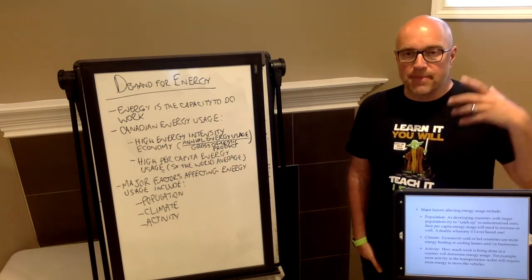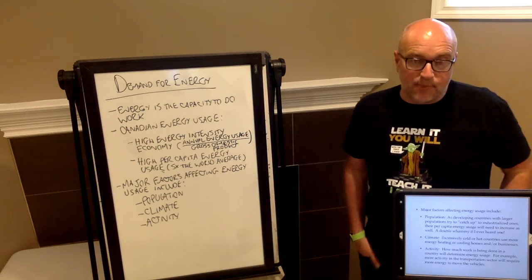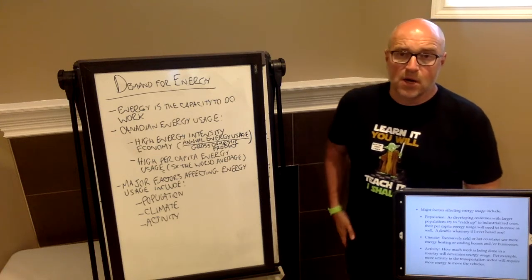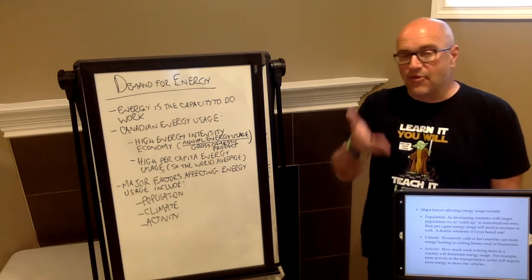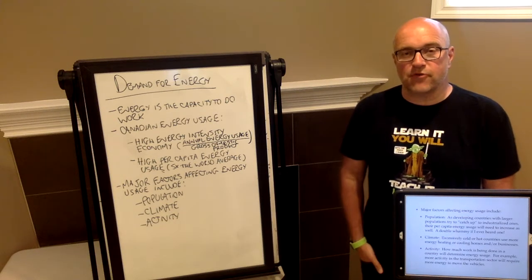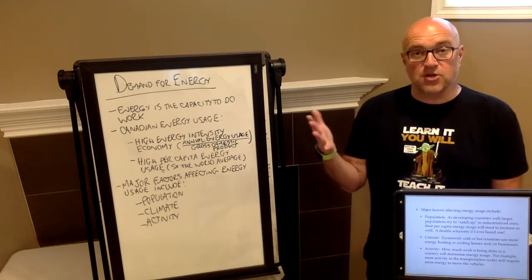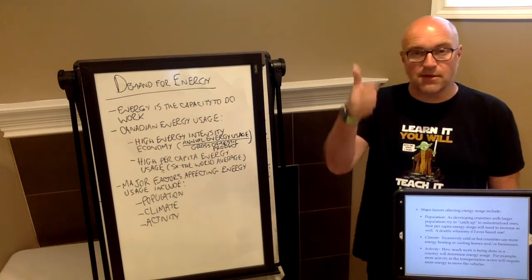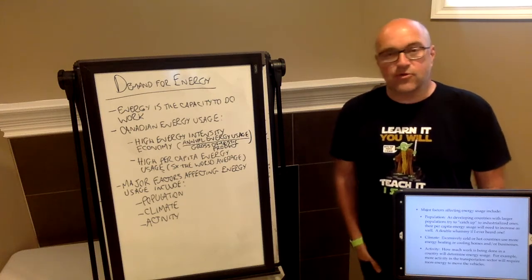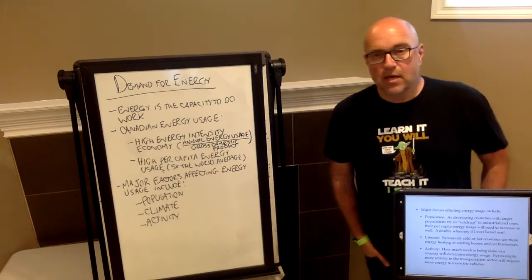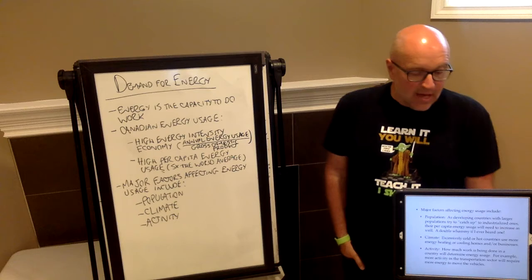This is partly why Canada has this higher per capita energy use, because we are in a cold climate. And think about the stats I gave you earlier for energy intensity. Where were those three countries with the highest energy intensity? Iceland, Russia, and Canada, all very northern countries. This also plays a role in the energy use of these countries.